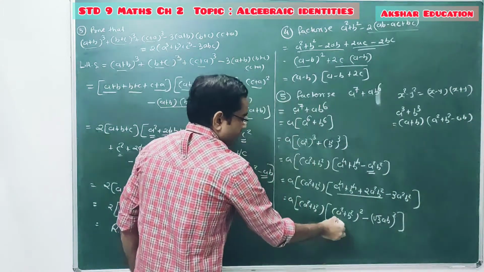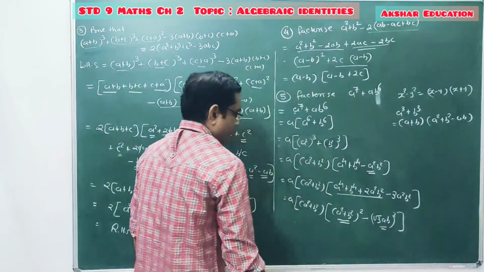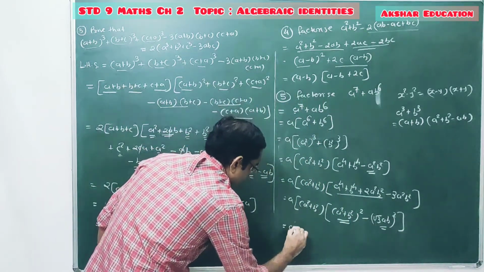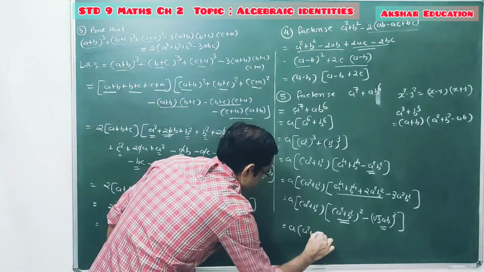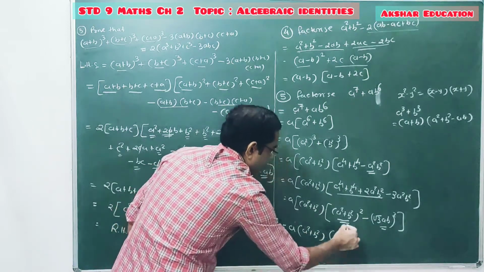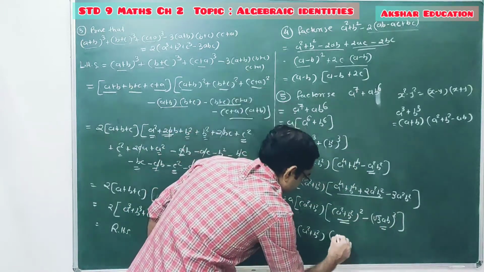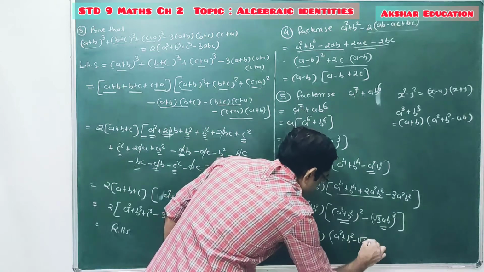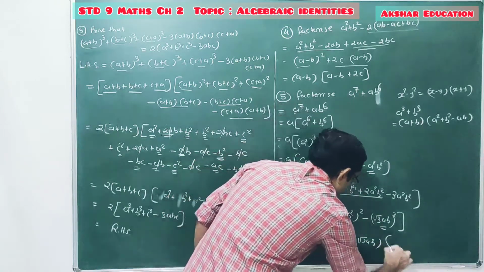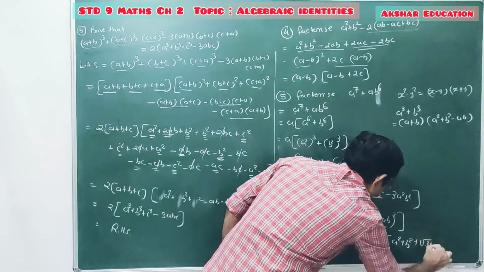So instead of x we are having a square plus b square, and instead of y we are having root 3ab. So perform expansion. The first time we are considering subtraction and the second time we will consider addition: a square plus b square minus root 3ab and a square plus b square plus root 3ab.